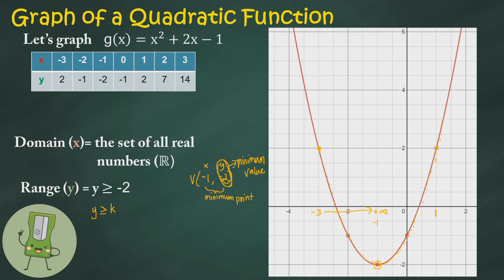Saan ba si k? Yan yung y-coordinate ng vertex natin. So that's why yung range ng quadratic function natin is y greater than or equal to negative 2 if our parabola is opening upwards. So that's how you determine the domain and range of our quadratic function given its graph.